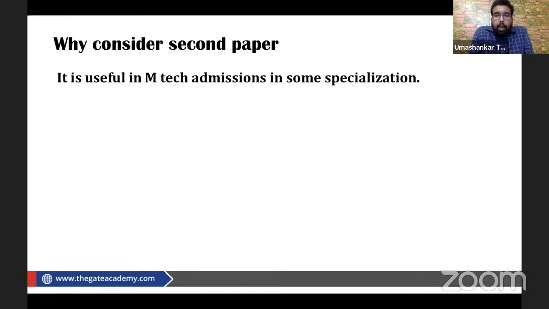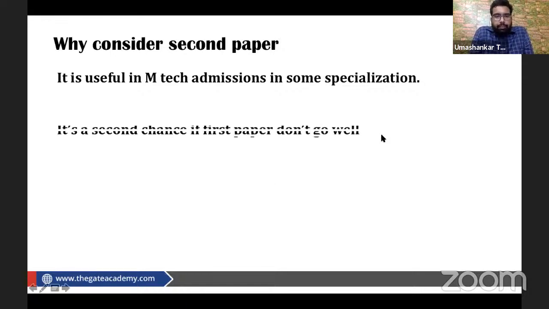But if anyhow, due to some reason, you are not able to get good marks in the first paper, then you have this second chance. So basically the second paper is like a second chance, if the first paper doesn't go well. Simply it is.